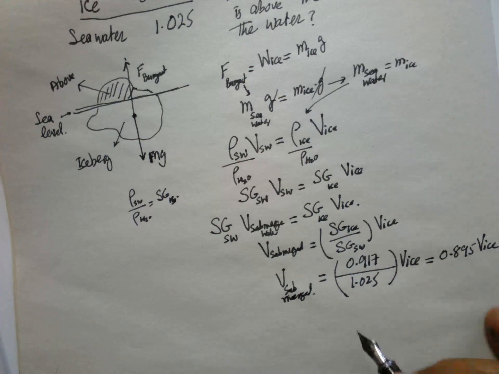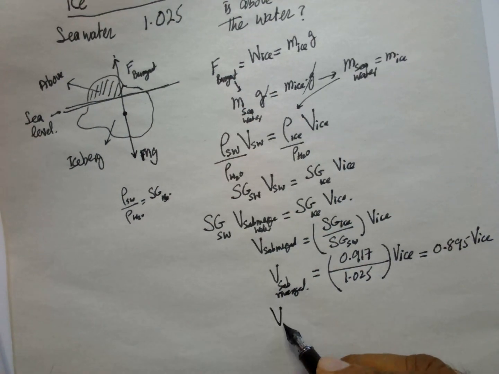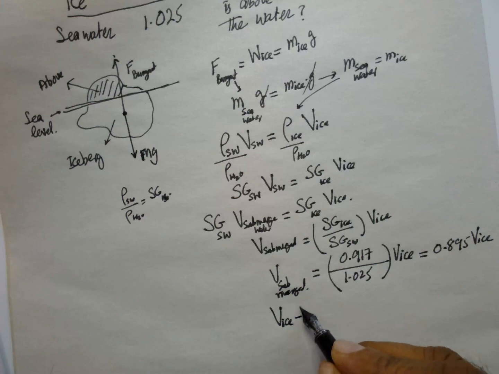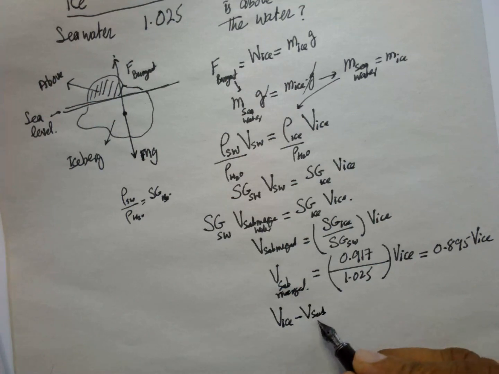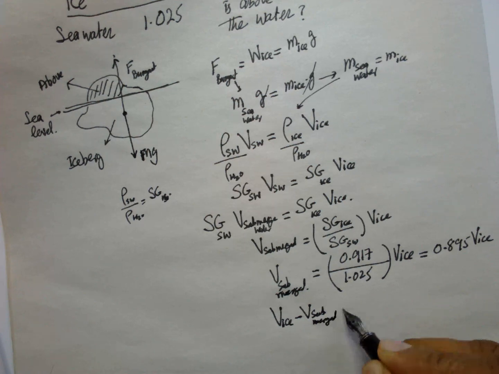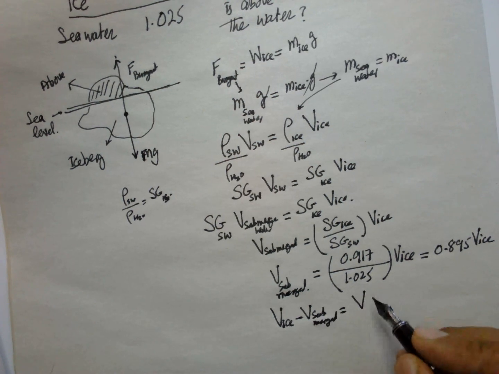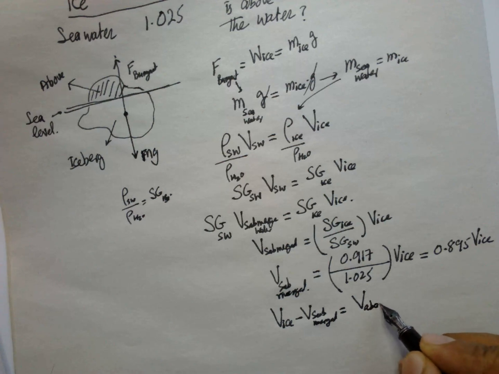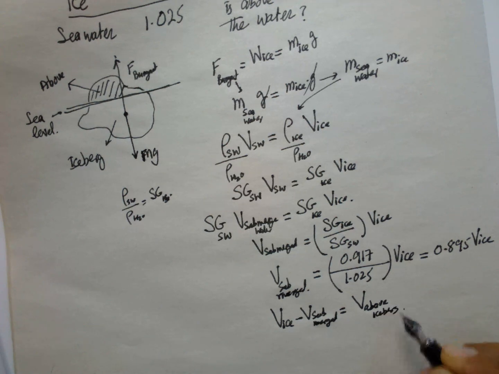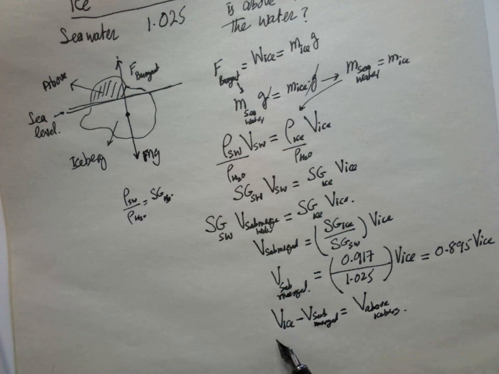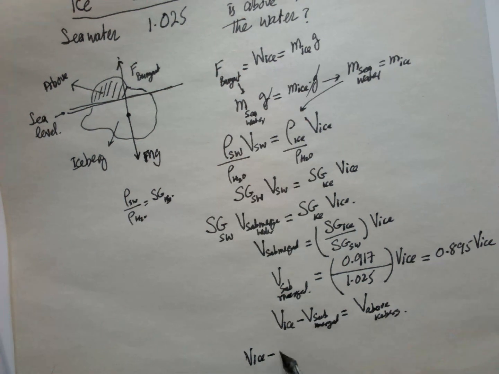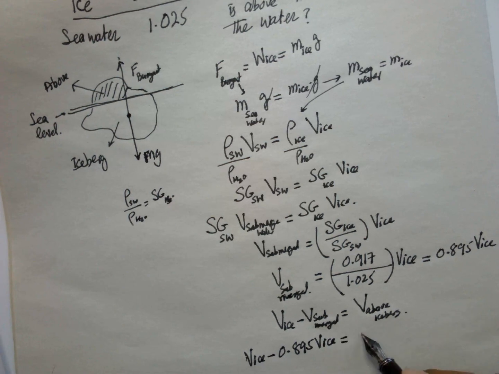So V ice minus V submerged is equal to V above of the iceberg. So V ice minus V submerged is 0.895 V ice, which is equal to V ice into the difference.